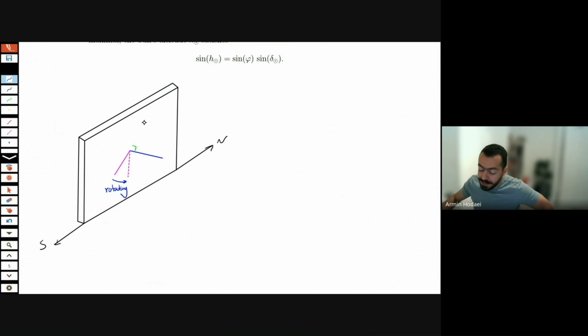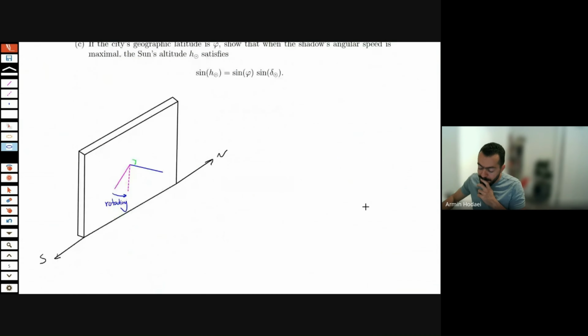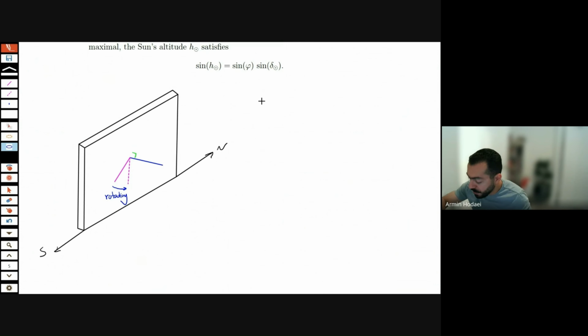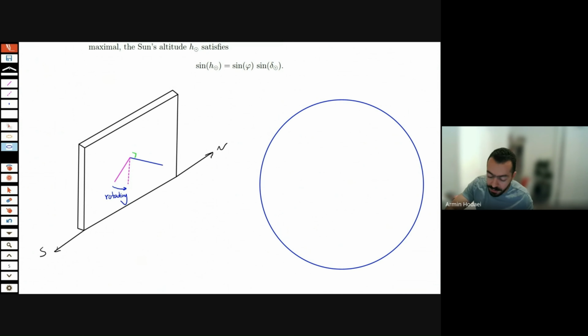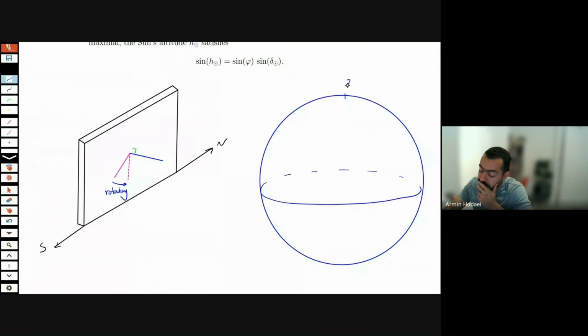Let's see how we can tackle this one. All right. So what I'm going to do first, of course, always, is quickly sketch a sphere. This is what we always do. On this sphere, I do have Z and P, right?